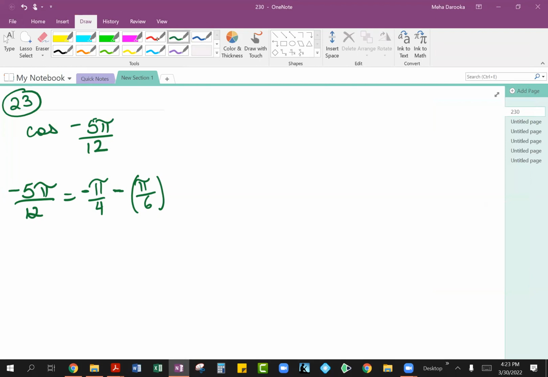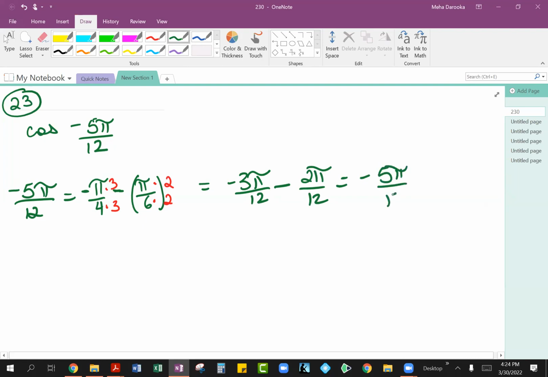To find a common denominator, again, we want that denominator to be 12. So you can multiply this guy by 2, multiply this guy by 3, and you will end up with negative 3 pi over 12 minus 2 pi over 12, which will add up to negative 5 pi over 12. So you can see that will definitely work out.